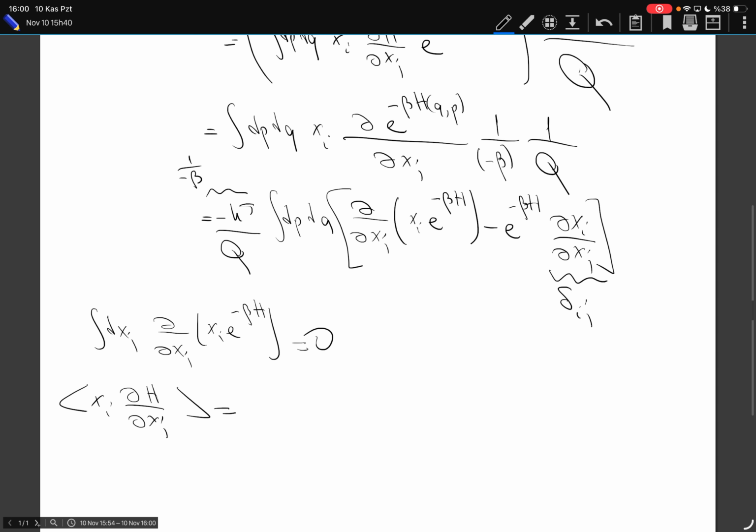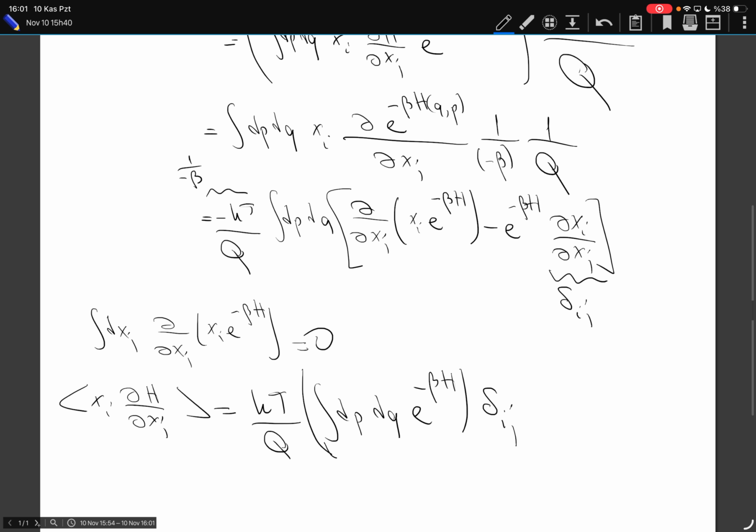So what this gives me, with this minus sign over there, I get kT over Q, integral dp dq e to the power minus beta H, times the Kronecker delta ij. Well, Kronecker delta ij is just a constant. I can take it out of the integral.